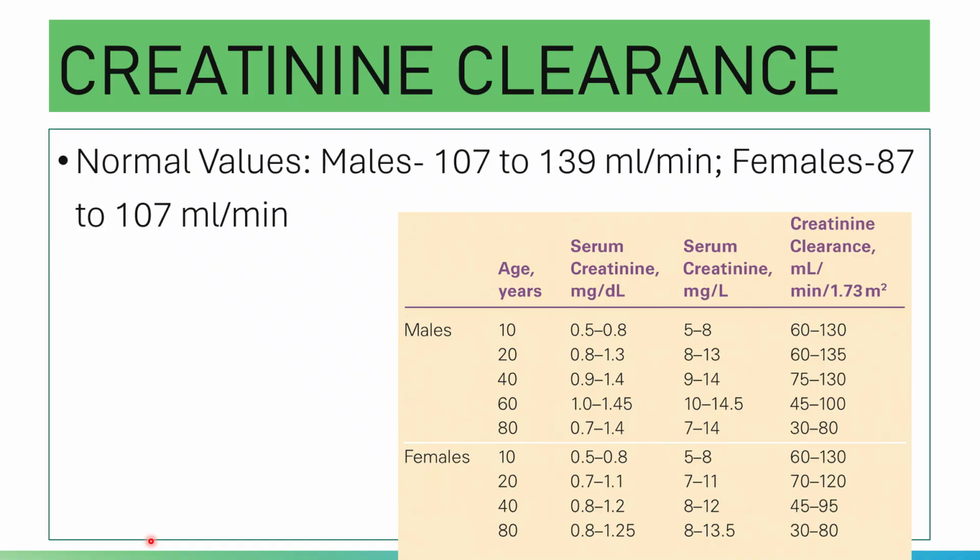Please note that your glomerular filtration rate is actually determined by both the number of functioning nephrons and the functional capacity of the nephrons. If you have more nephrons that are functioning well, then of course it will give you a GFR that is normal.